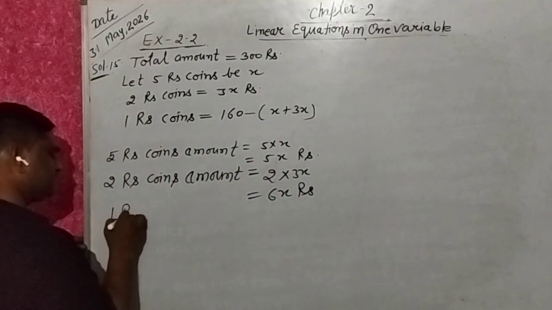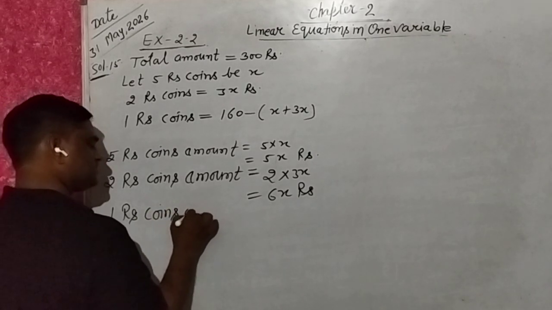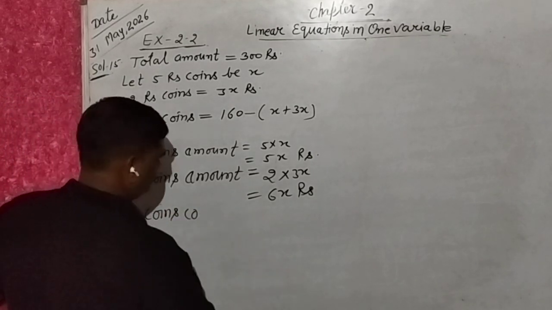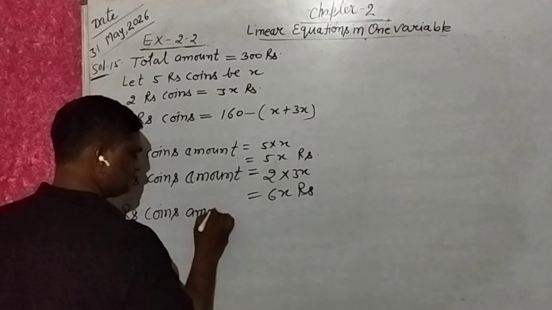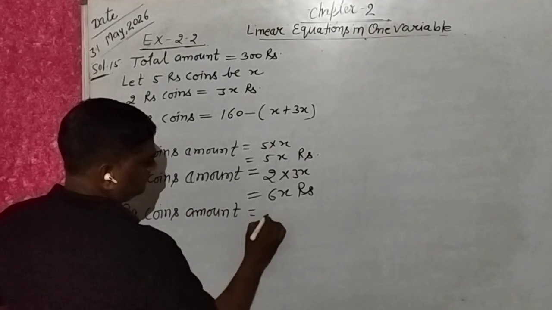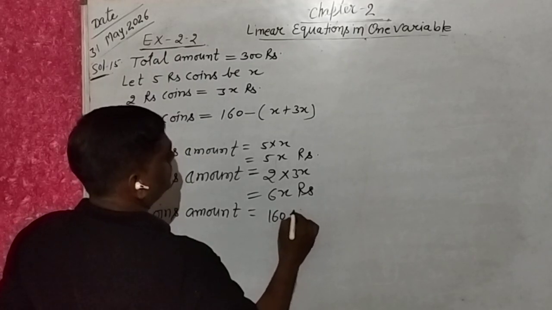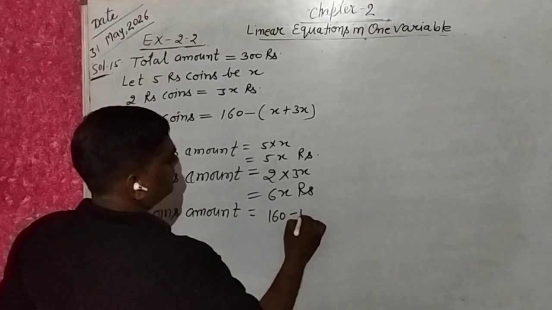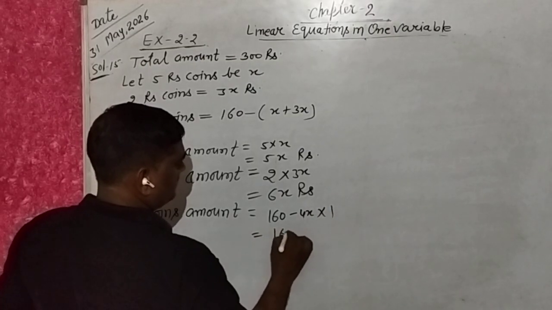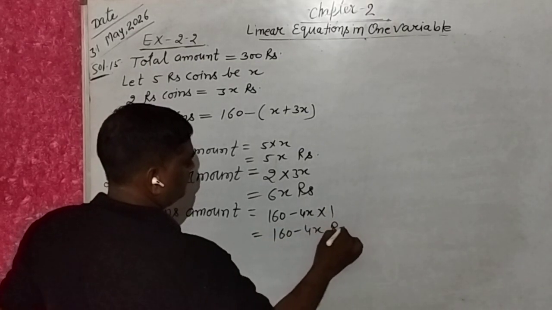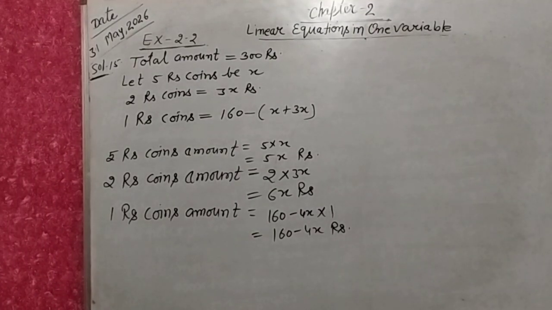And the 1 rupee coins amount is 160 minus 4x into 1, 160 minus 4x. Do you understand what I want to say?